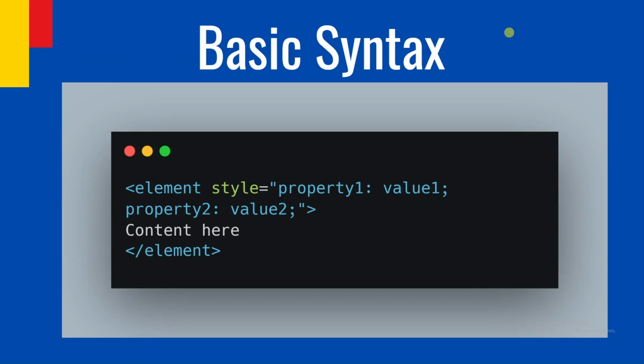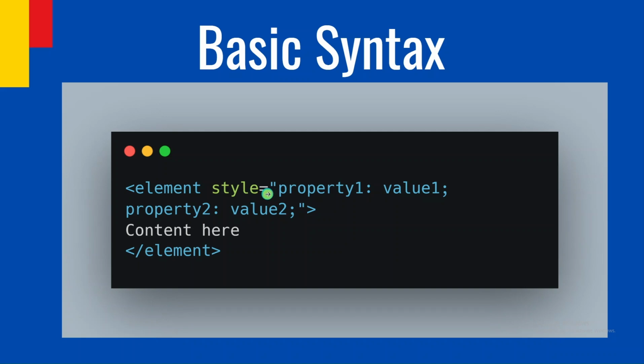So inline styles apply CSS directly to individual HTML elements, and it uses the style attribute. So here's how to use them. We have our HTML element here, and then we'll specify the style attribute in the opening tag of our HTML element.